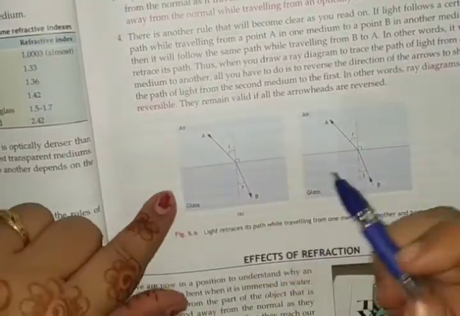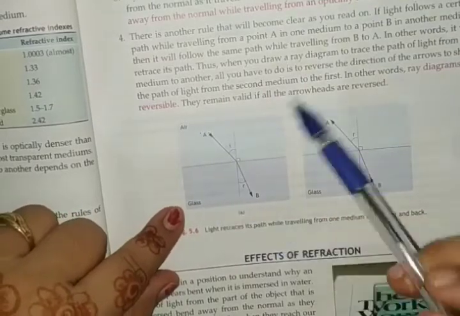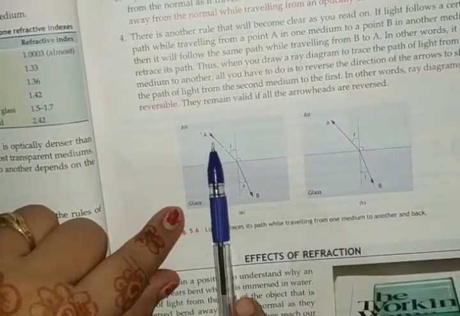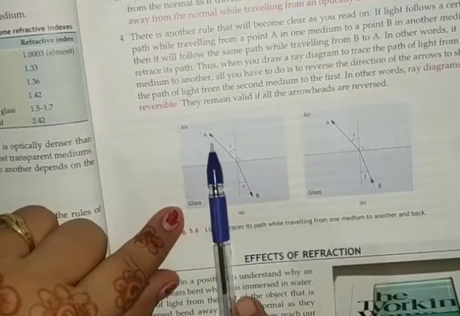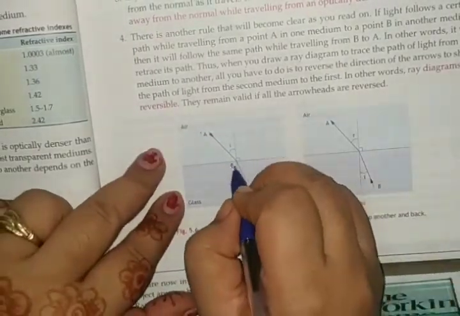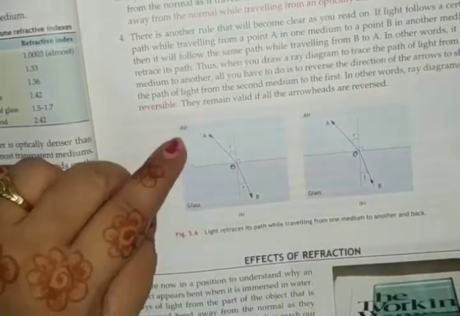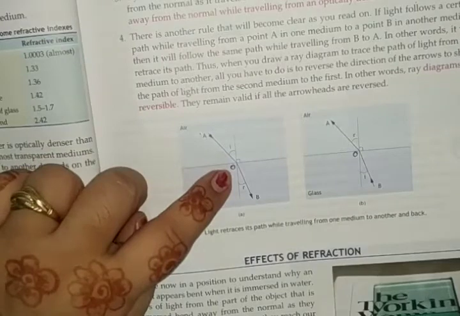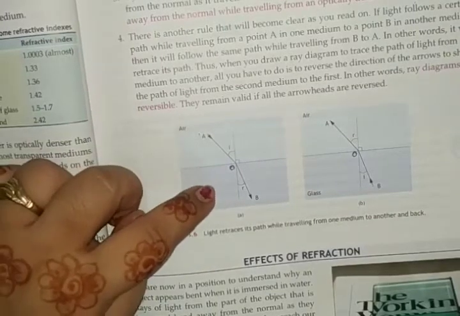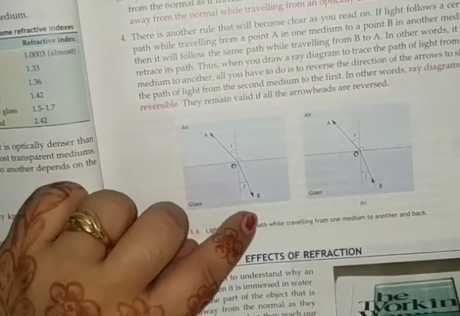See here, there is this medium air, that is the rarer medium, then glass. The light ray is entering along this ray. Let me name it here O, in both the cases. So light is entering along AO, and because this medium is denser, it is bending towards the normal.